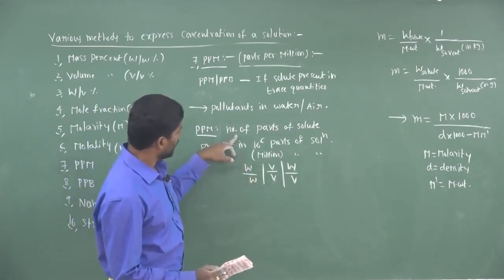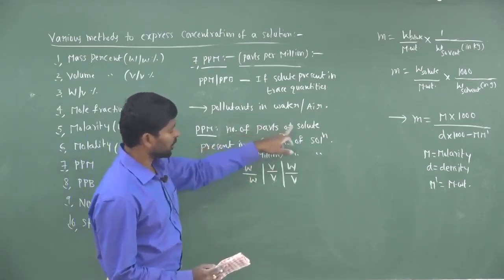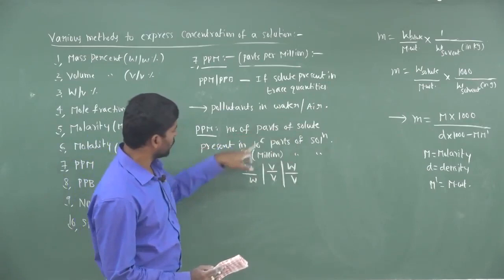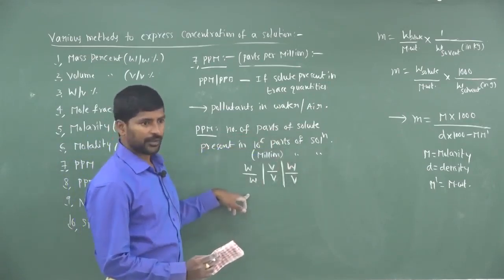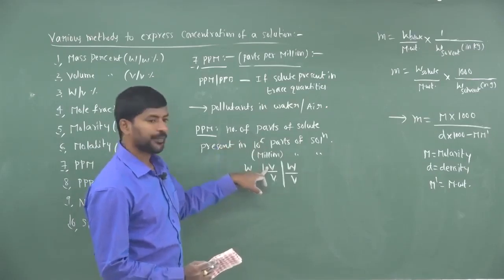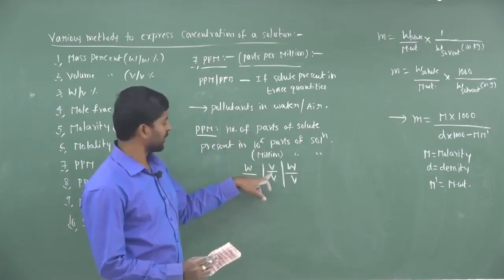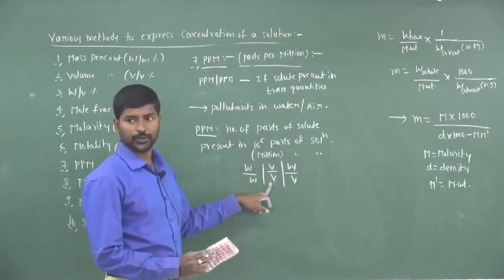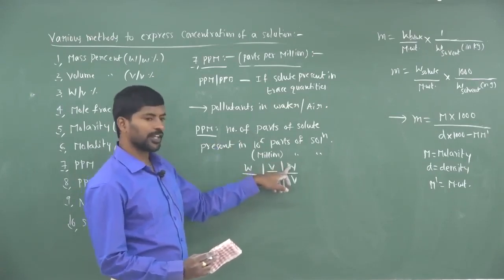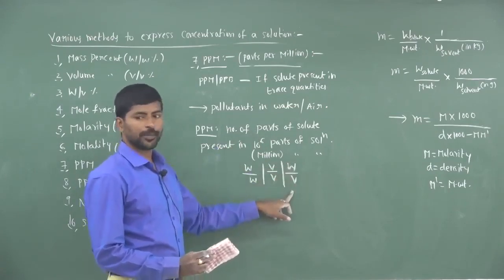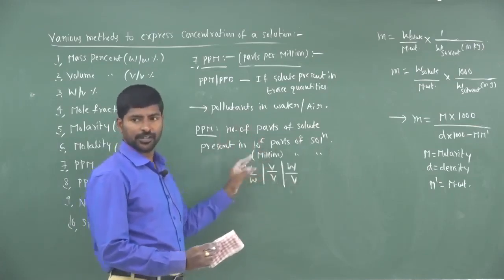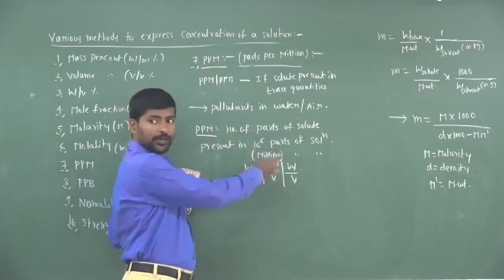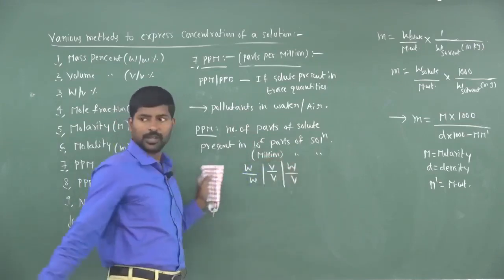For example, it is the amount of solute in grams present in 10 power 6 grams of solution, or the volume of solute in ml present in 10 power 6 ml of solution, or the weight of solute in grams present in 10 power 6 ml of solution. You may express it as W by W, V by V, or W by V.